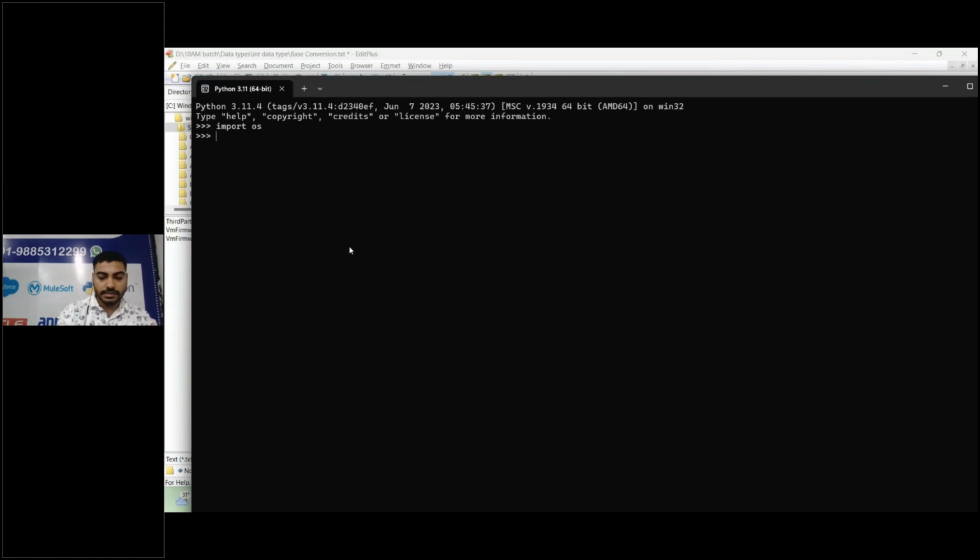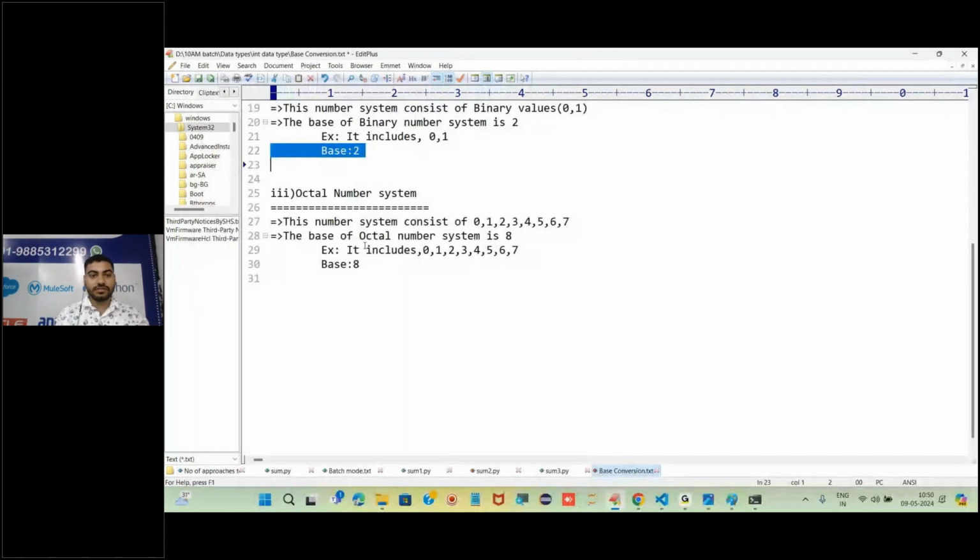Then cls is equal to lambda colon os.system of cls. Now you see, one by one we are going to see. We have also seen hexadecimal, so for hexadecimal also, the fourth one it is. Go for it.